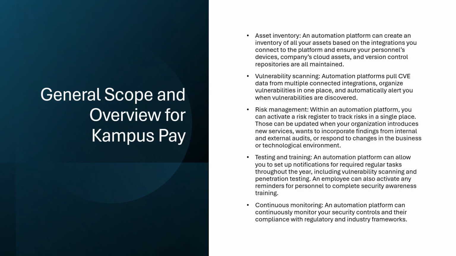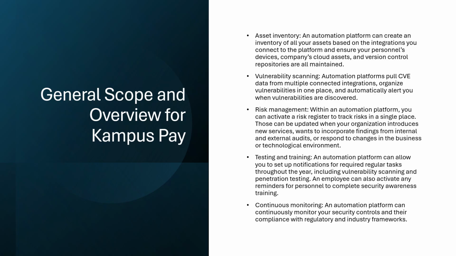And the general scope is we want to conduct an asset inventory automation platform. It creates accounts for all of the inventory to ensure the personnel and company's cloud assets, and clears out any of the version control repositories that need to be maintained daily through vulnerability scanning, risk management.